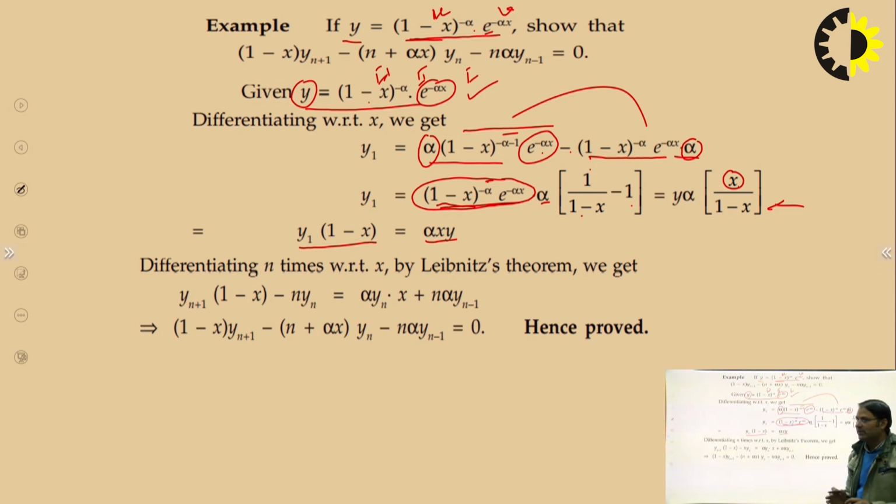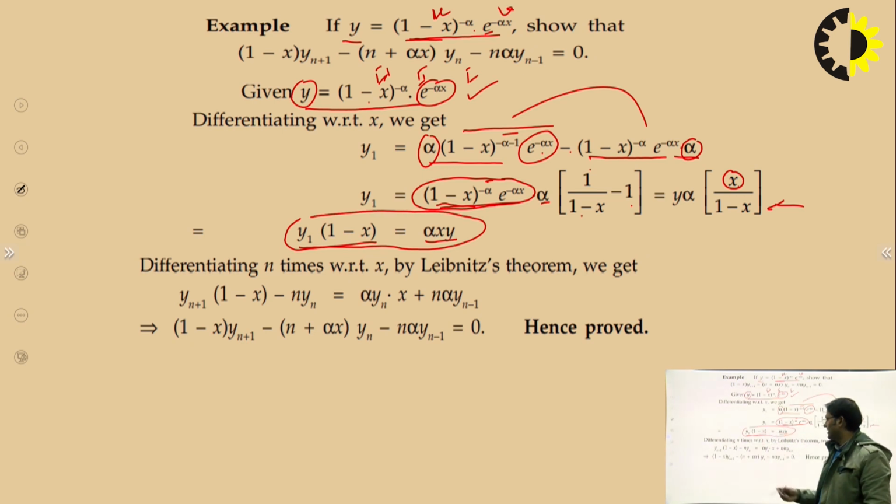I hope so. So student, at the end, we must apply the Leibniz theorem on this question now. As you can see, both the left hand side and the right hand side have double terms, meaning the product of two terms. So these terms are very applicable to Leibniz. You can open up the Leibniz theorem.